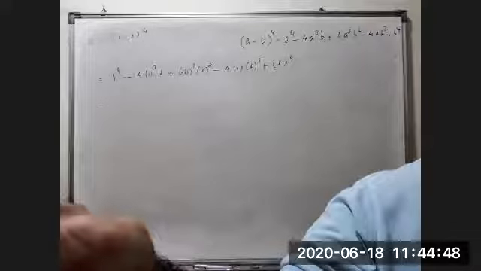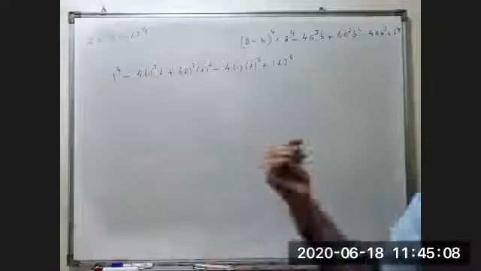Yes, one of you asked me, can we use (a minus b) the whole square? Yes, no problem. First (a minus b) the whole square, then you will get 3 terms, then (a plus b plus c) the whole square, no problem.